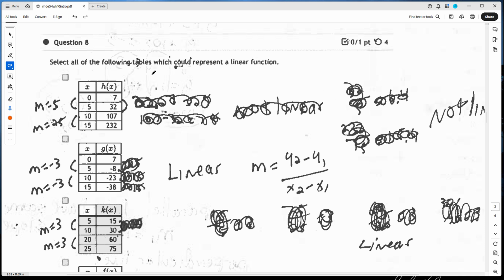Number 8. Which of the following could represent a linear function? So if you look at the change here, if it's going to be a linear change, the rate of change is going to be the same, no matter which points you pick.